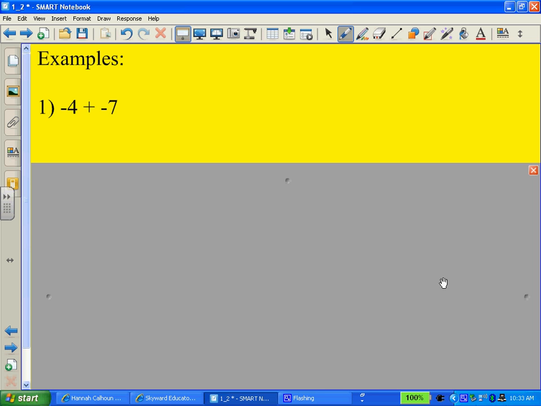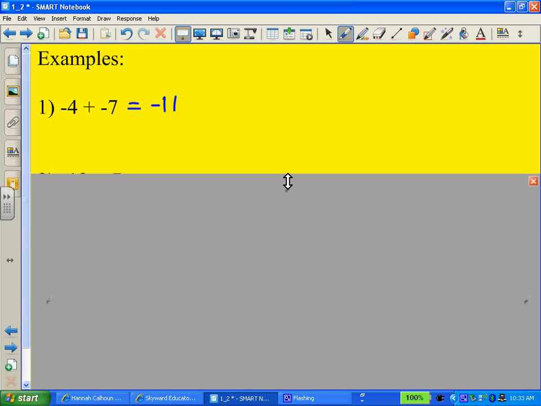So let's do some addition examples here. When you get an addition problem, the first thing you have to ask is, do they have the same sign or different signs? And you can see here that they have the same sign. So all I'm going to do is 4 plus 7, which is 11. And since they're both negative, I keep the sign, negative 11.